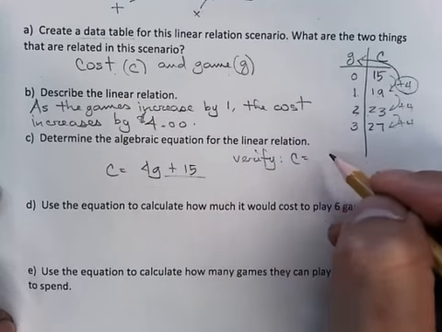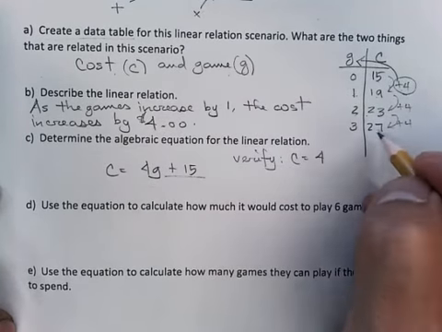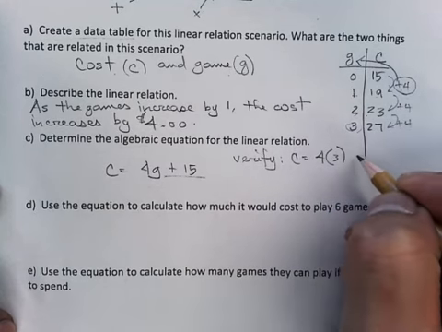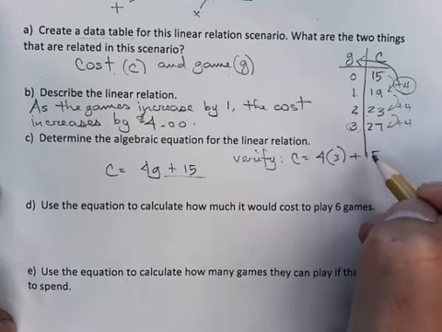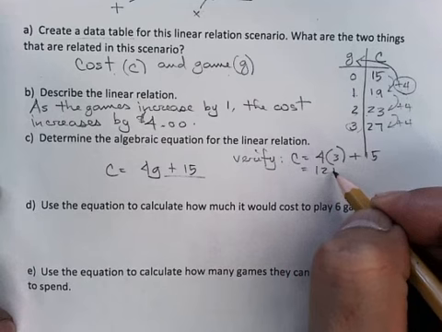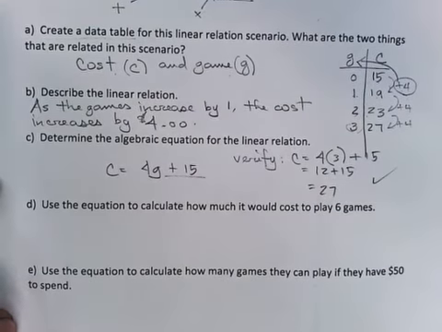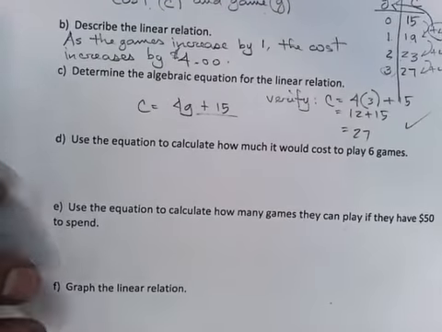Let's see how much it would cost if we played 3 games. Our calculation should equal 27. In other words, does 12 plus 15 equal 27? Yes, it does. So this is our equation.